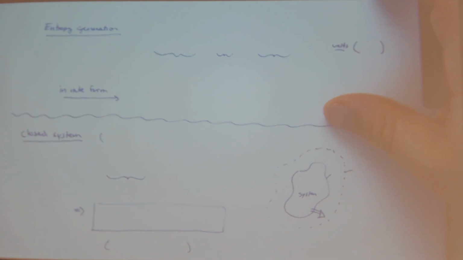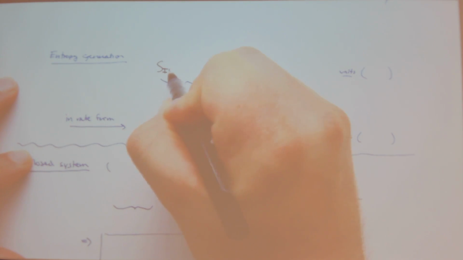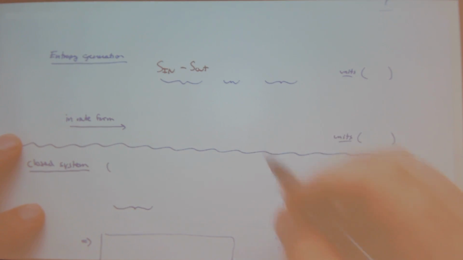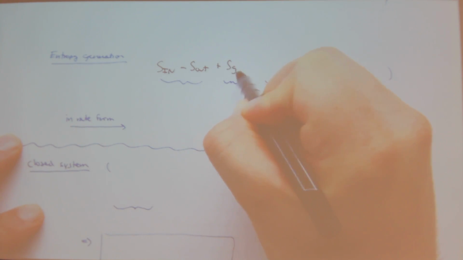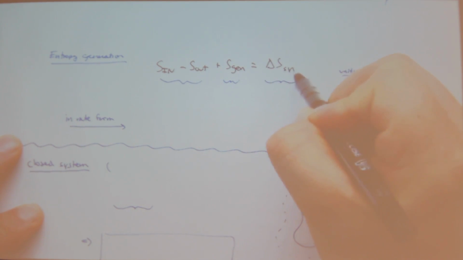So let's talk about entropy generation a little bit more. I have S in minus S out plus S gen equals delta S system.